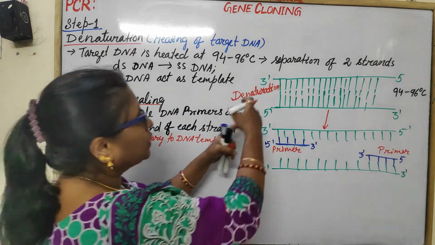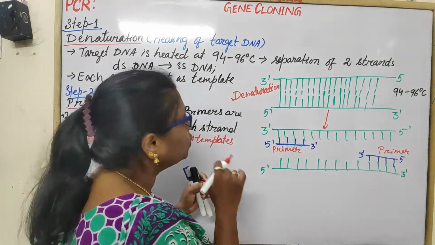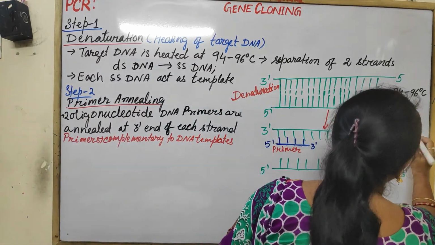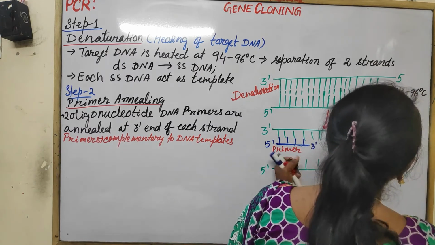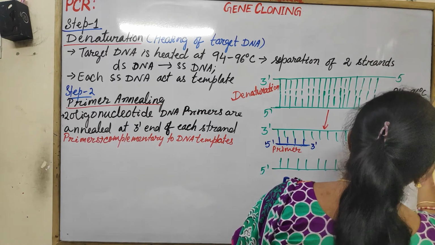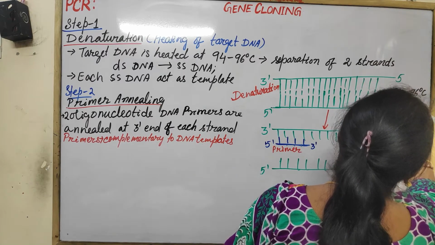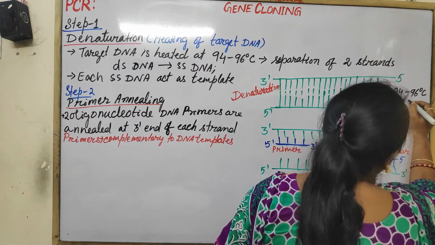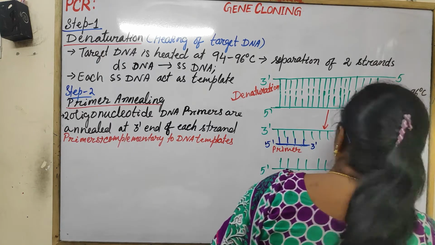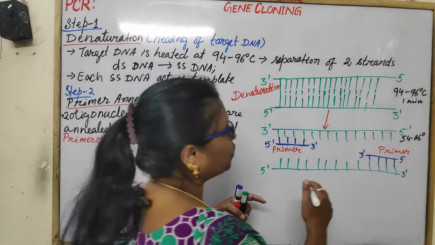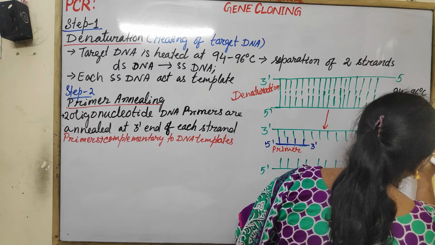After the denaturation, this mixture is cooled down to 54 to 56 degrees Celsius. This is 94 to 96 degrees Celsius for 1 minute. In step 2, it is 54 to 56 degrees Celsius for 1.5 minutes.